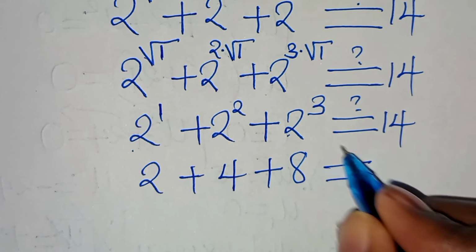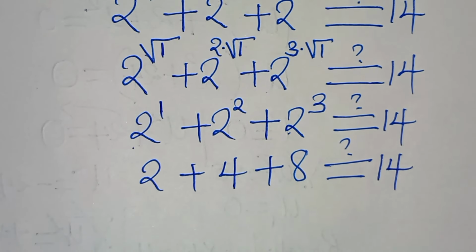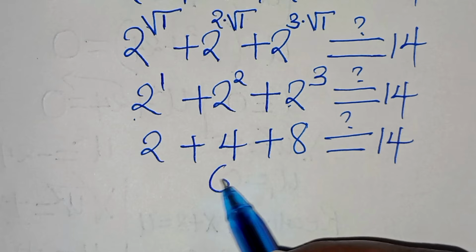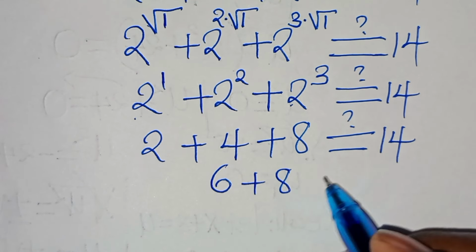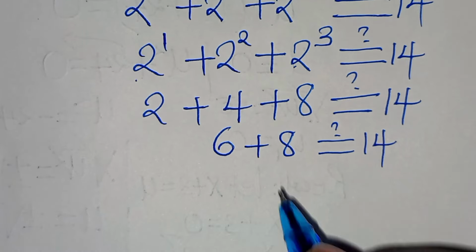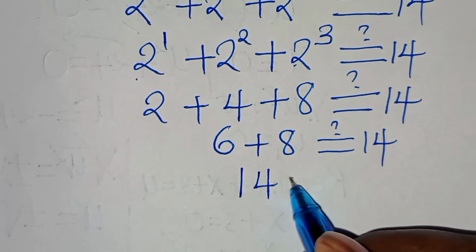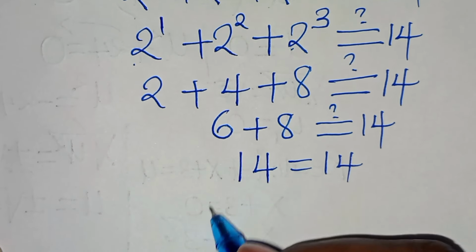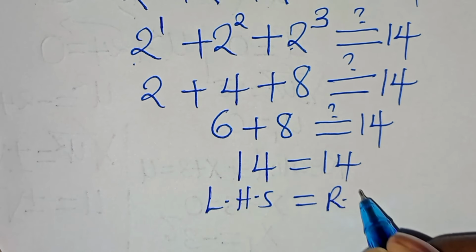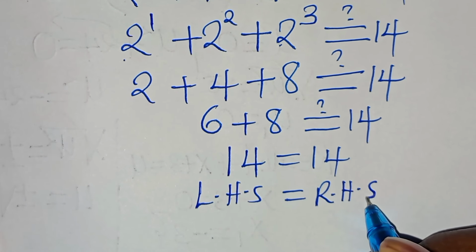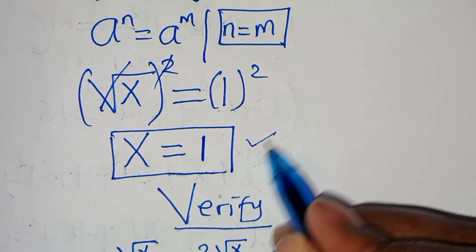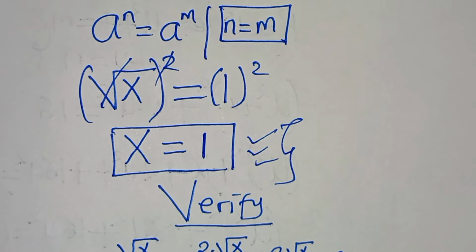So we have 4 plus 2, this is 6, 6 plus 8, and this gives us a value of 14. So here we have 14 is equal to 14. That is, the left hand side is equal to the right hand side, and this proves that the value of x, which is equal to 1, satisfies the equation.